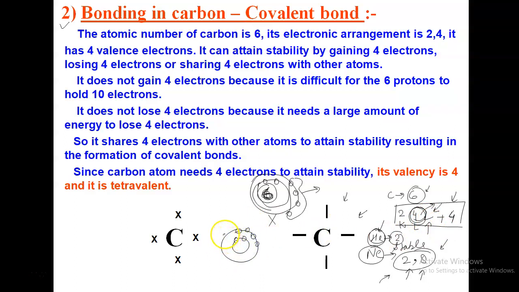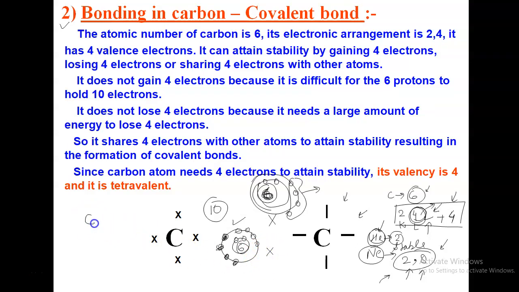Let's say we give 4 electrons to carbon in the outermost shell: 1, 2, 3, 4. Now count all the electrons of carbon. It will be 4, 4, 8 plus 2, so 10 electrons. And there are only 6 protons. This is a highly unstable condition.